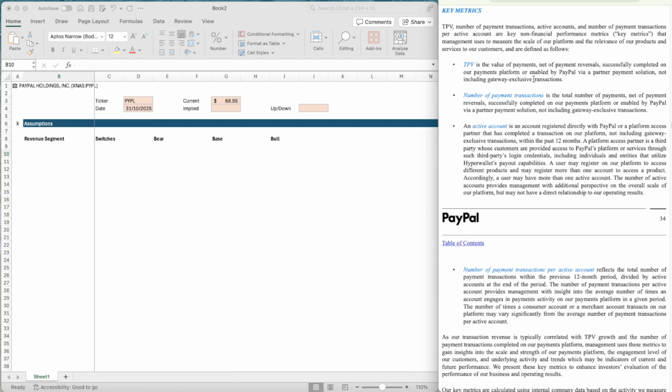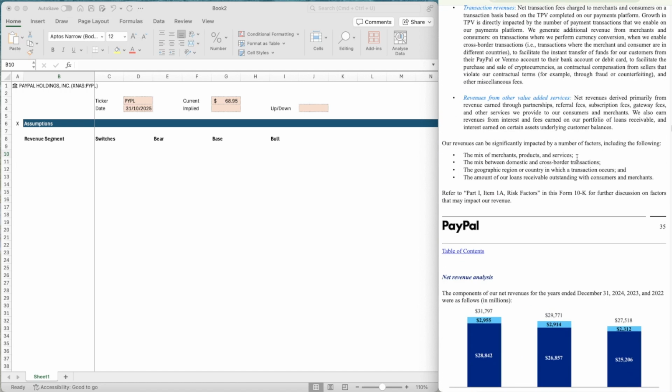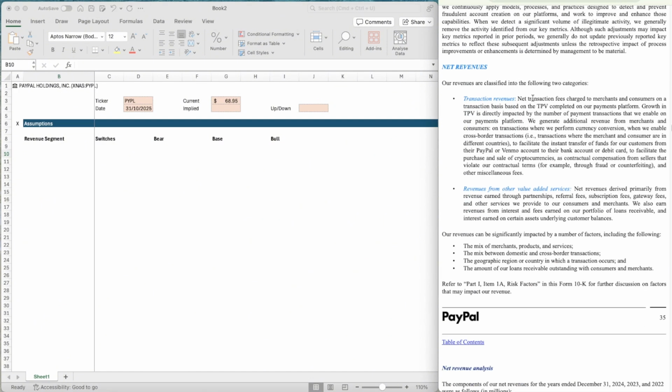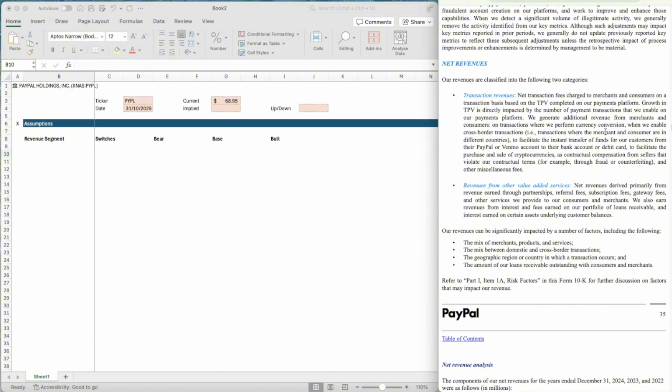Yeah, TPV is the value of payments net of payment reversals successfully completed on our payments platform or enabled by PayPal via a partner payment solution, not included in gateway exclusive transactions. Okay, so it is net transaction fees charged to merchants and consumers. I'm sure you've all interacted with PayPal in some manner. So that's the fee they take to process the transaction.